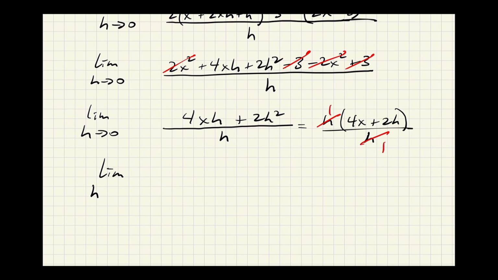So I get the limit as h approaches 0. Don't even need a denominator anymore because it's just 1. I get 4x plus 2h. Plug in 0 for h, and you just get 4x.